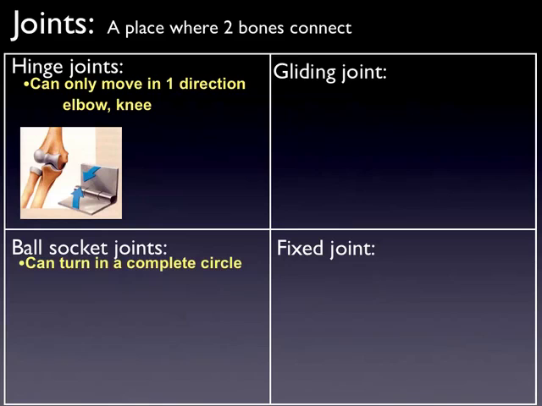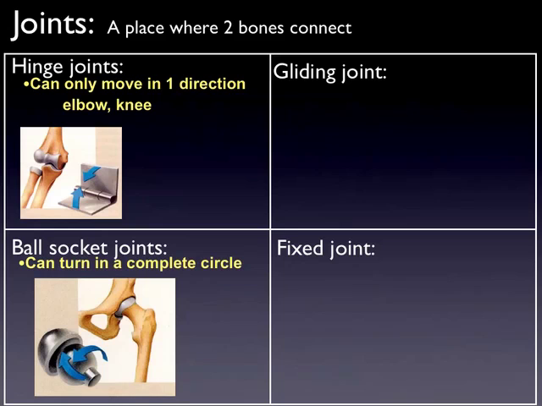Then we have a ball and socket joint, which allows a wider range of motion, sort of 360 degrees, almost. And it's called a ball and socket because of the way the bones are shaped. Your hip, where your femur connects to the pelvis, is an example of a ball and socket joint.